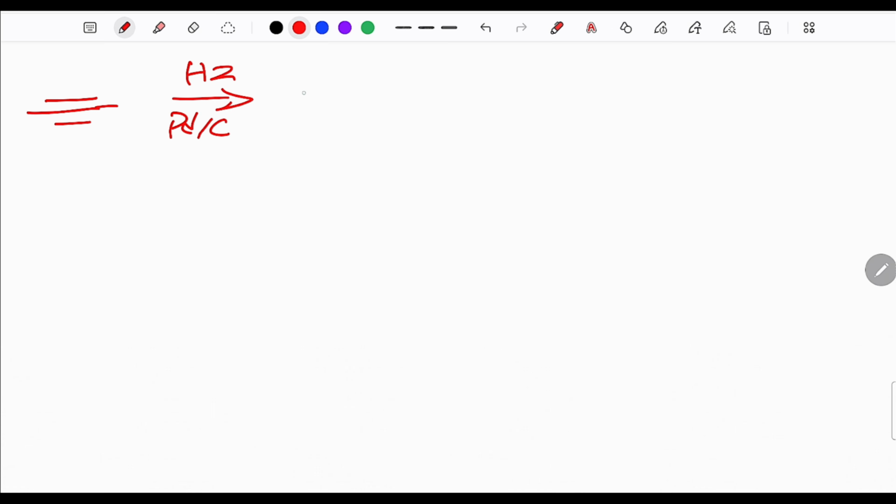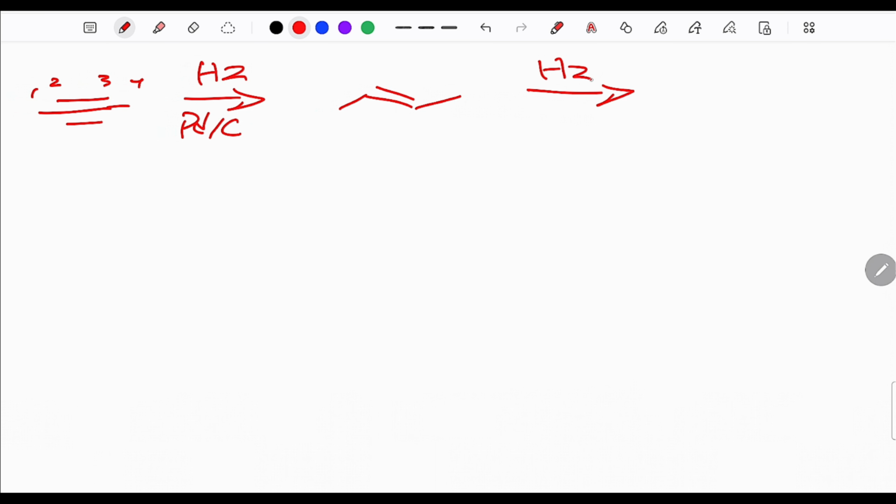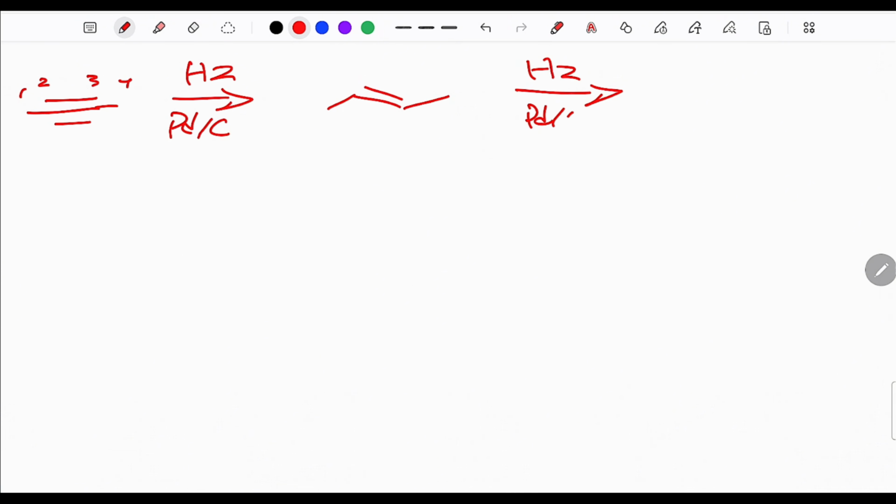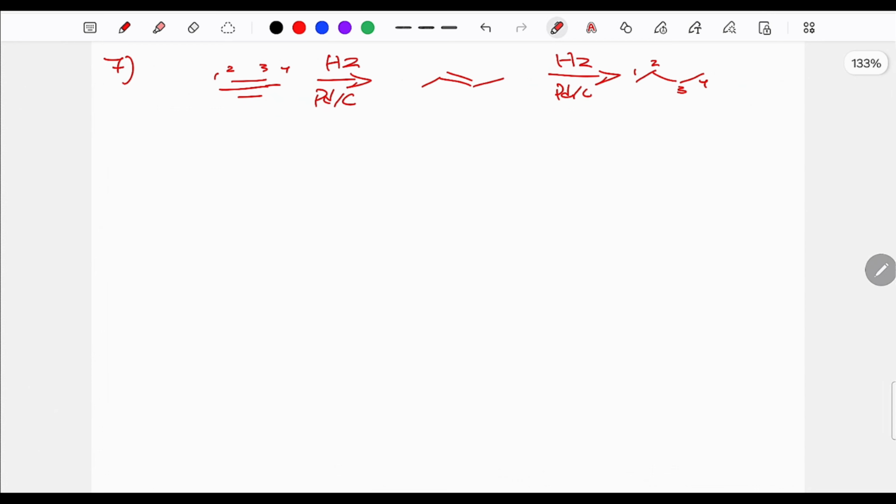So first things first, you will get the alkene. Okay, remember this is 1, 2, 3, 4. So 1, 3, 4. And another H2 is added, and you get 1, 2, 3, 4. So notice right here, two equivalents of H2 are added, okay, to get a fully saturated product.